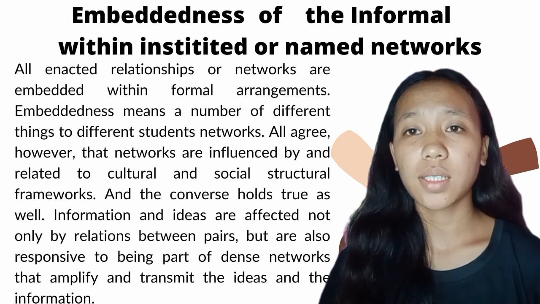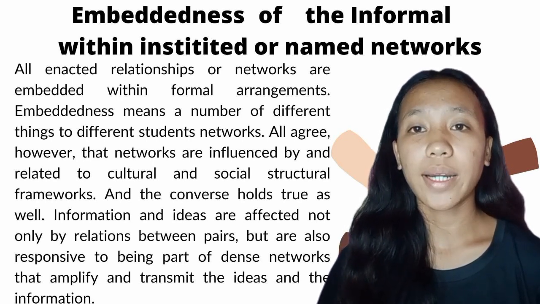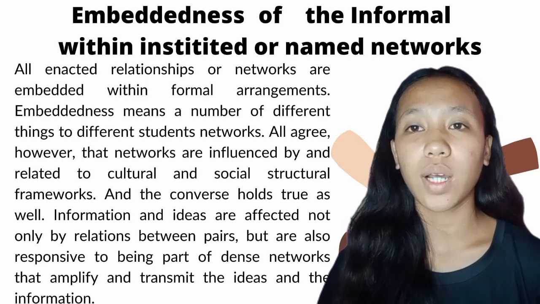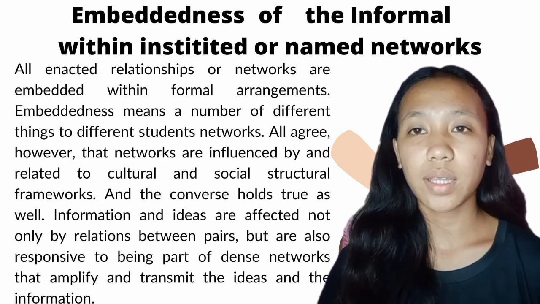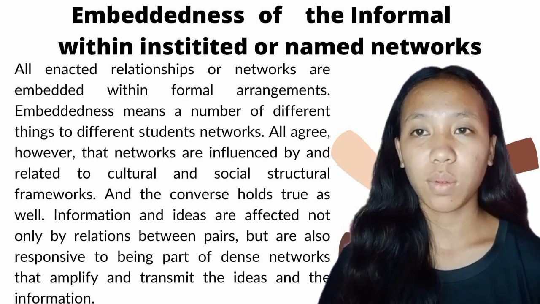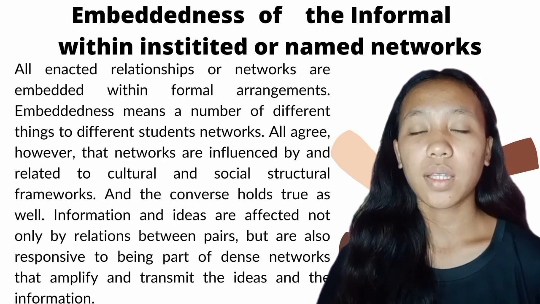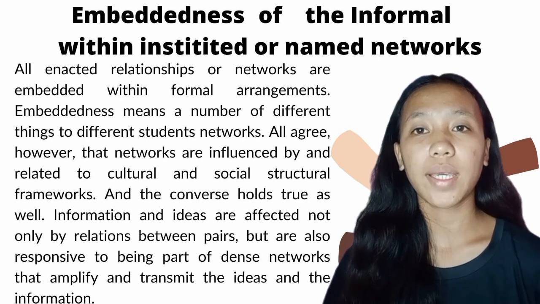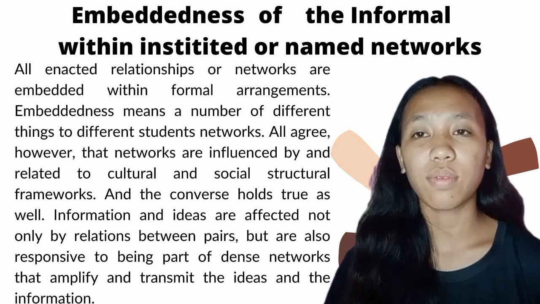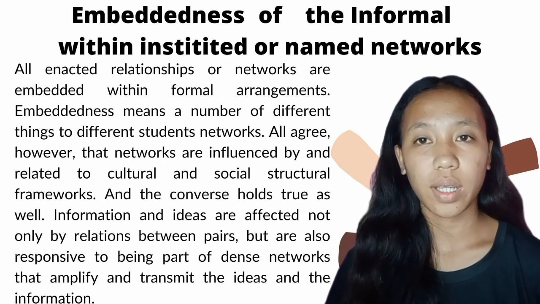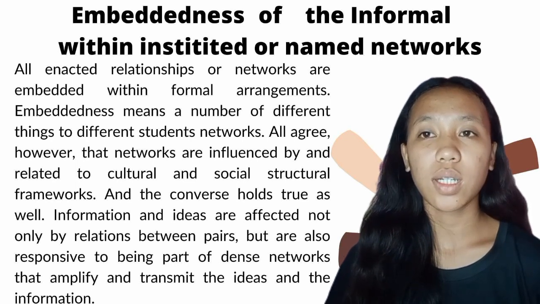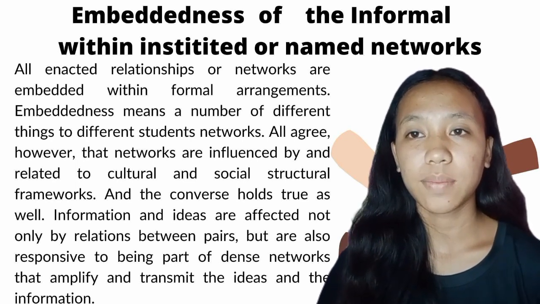The term emphasizes how these informal structures are deeply rooted and intertwined with the fabric of a society or organizations, influencing and being influenced by the formal system around them. This embeddedness can impact decision making, resource allocation, and the overall dynamics of the associated social or organizational environment.